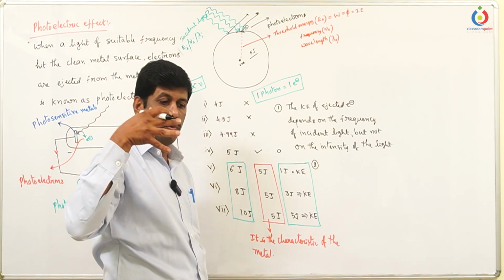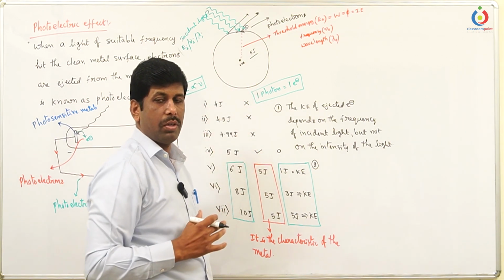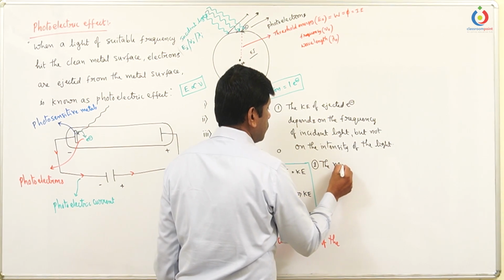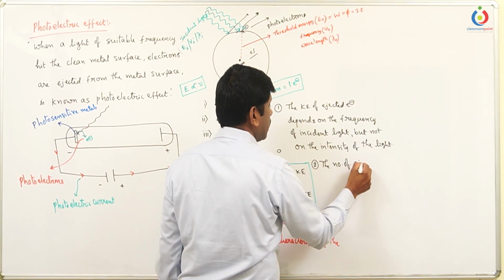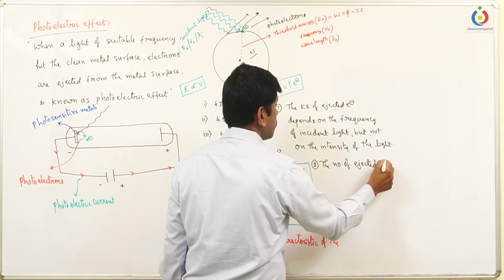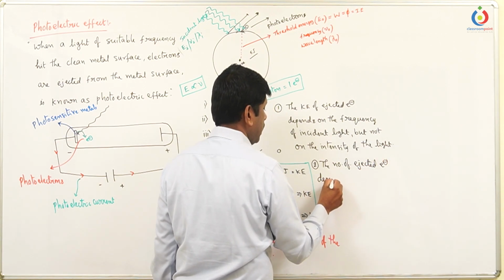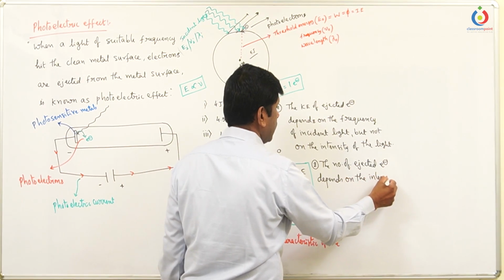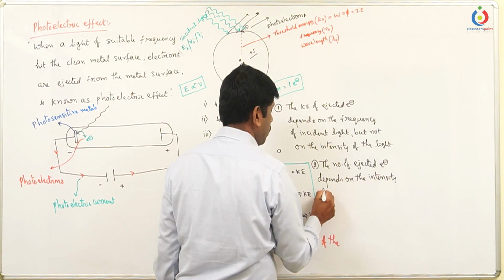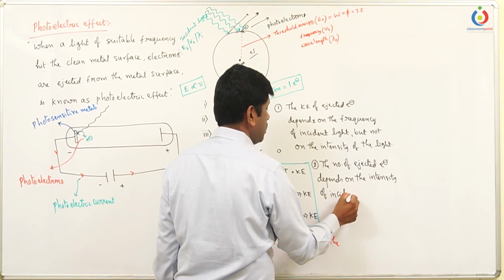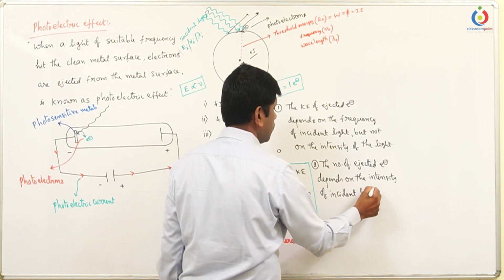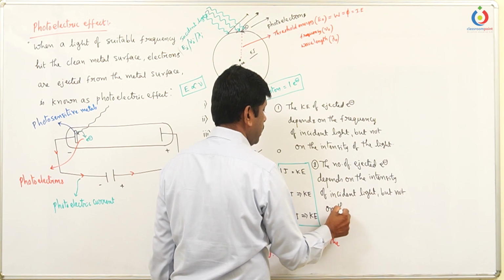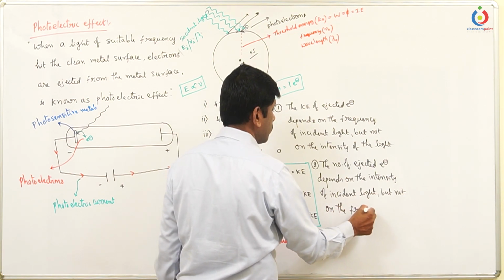When brightness increases, more rays are coming, so more electrons will get ejected. So here we can write down that the number of ejected electrons depends on the intensity of incident light but not on the frequency.